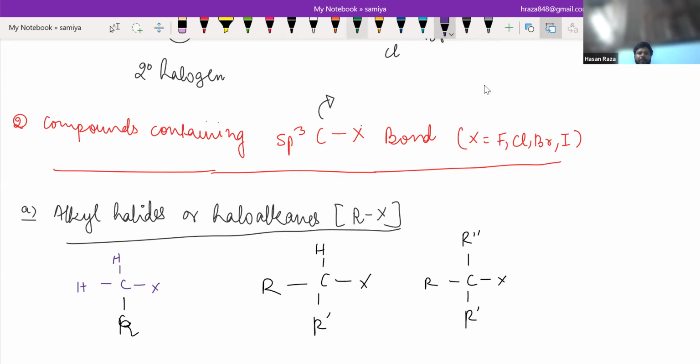Darshan, can you tell me the degree of each halogen? 1 degree, 2 degree, 3 degree, also known as primary halogen, and then here secondary, and then tertiary. Are you done with this?